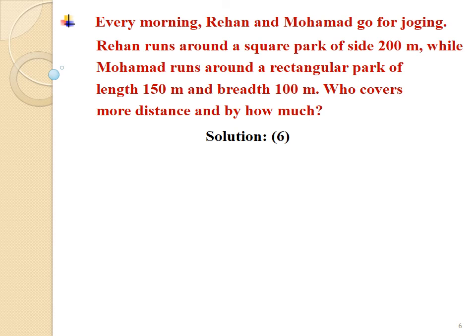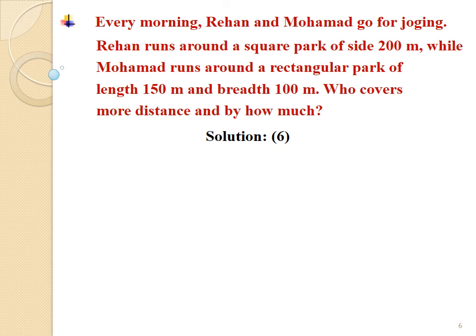Then we have to compare the perimeters and we have to conclude the answer. Also, we have to find out the difference of their perimeters. So now, let us solve question number 6.